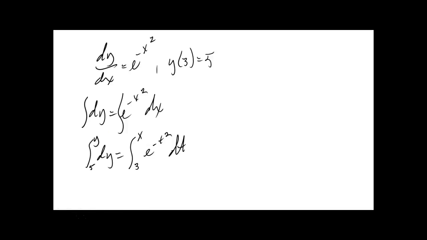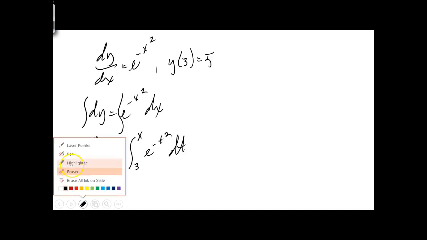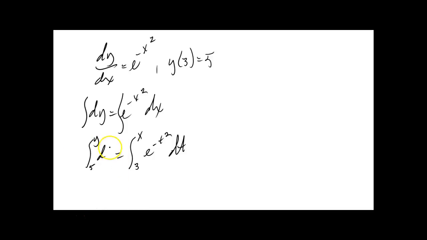So, I find this a little bit easier. I mean, it makes more sense. This integrates to be y, and probably here you need to change your variable too, because you shouldn't have the same variable there. So make this a t. So this is going to be t evaluated from 5 to y is equal to, and you can't do anything with this or write it down, the integral from 3 to x of e to the minus t squared dt.